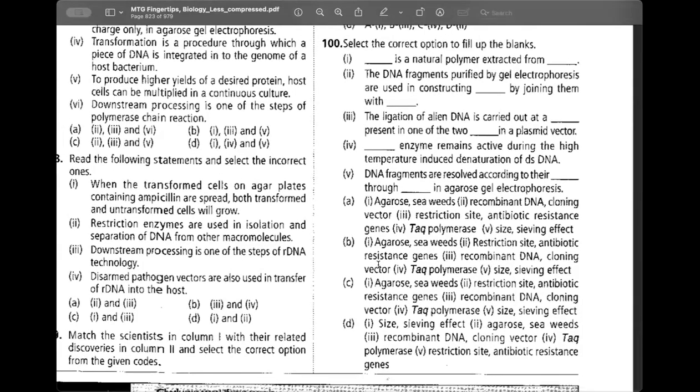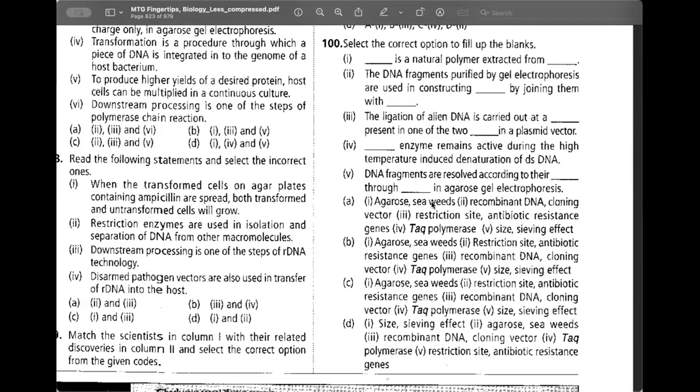Just read and see if you understand this and what is the right option. So A. Yes, correct.